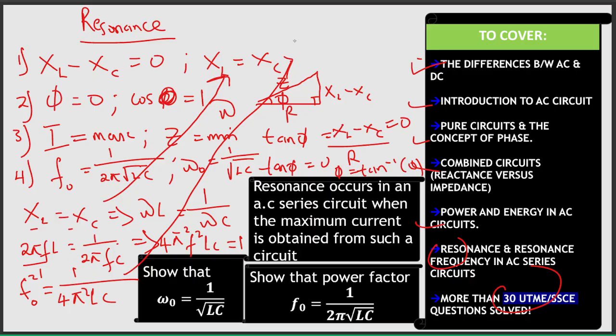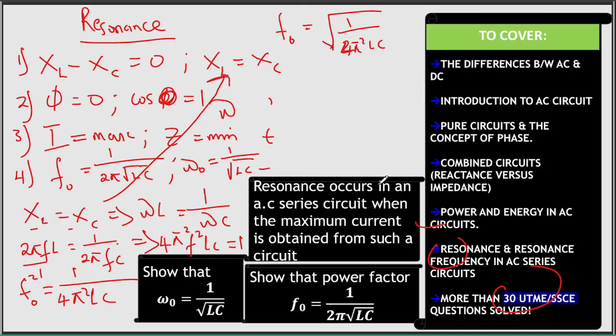So you notice that f naught will be the square root of 1 over 4 pi squared LC. Okay, I think I should make space. All right, so we can write this like this.